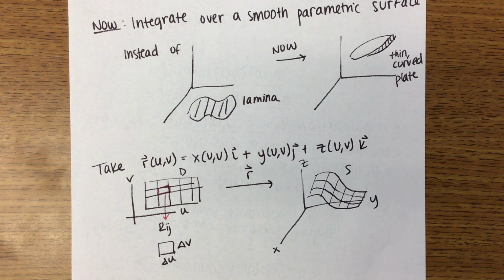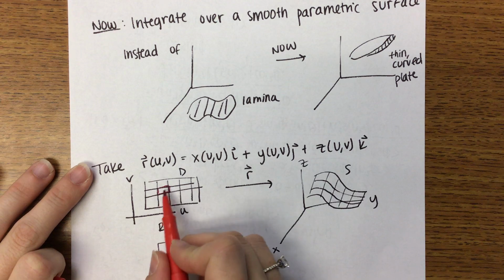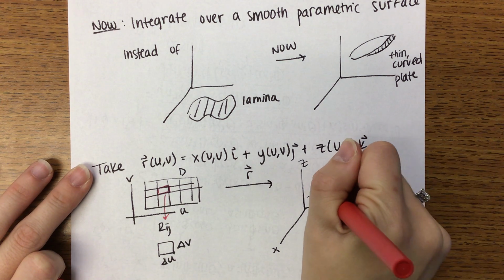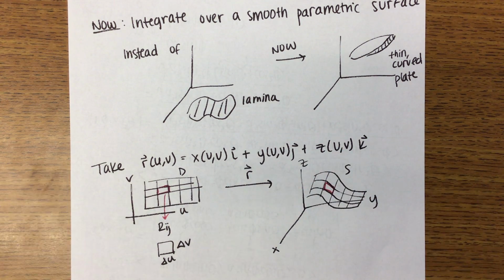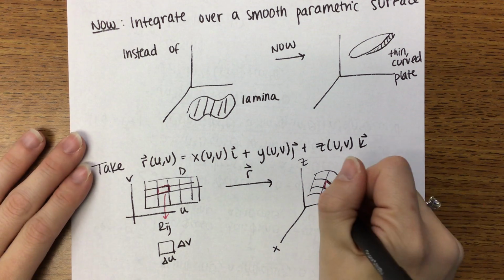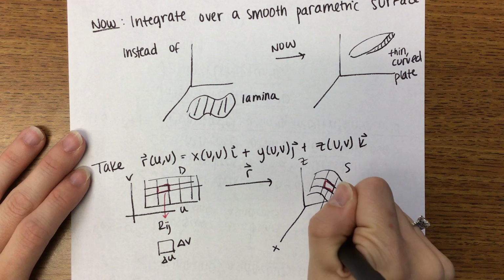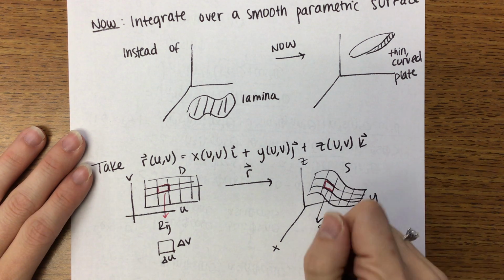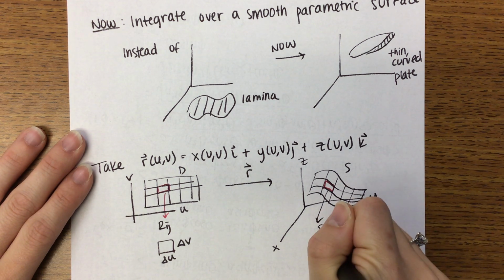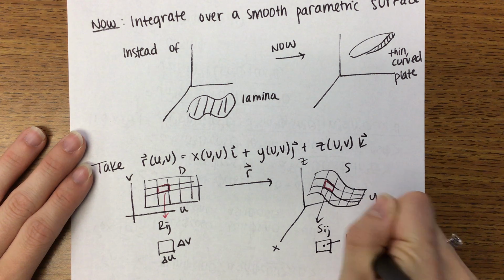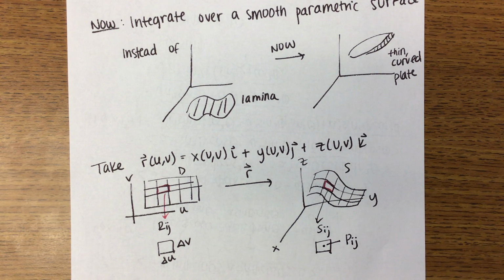Again, we're going to split it up. This red box in D corresponds to the same red box in S. That box we're going to say is S of ij. And in that S of ij, we're going to pick some point, any point.